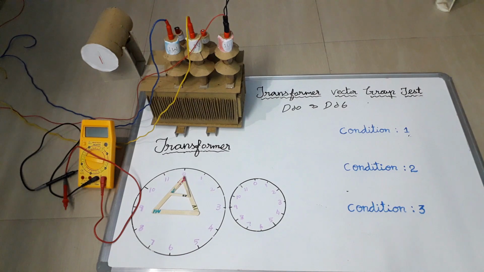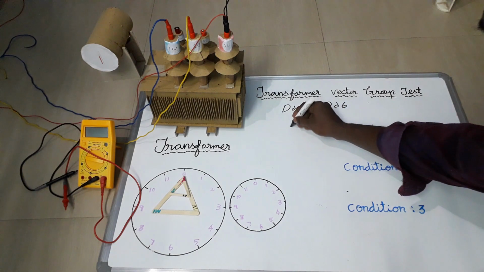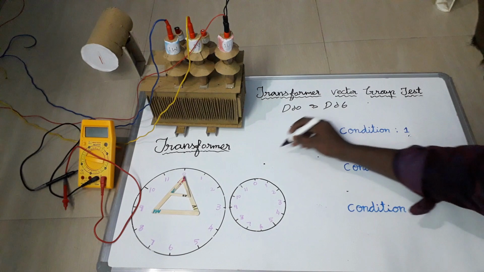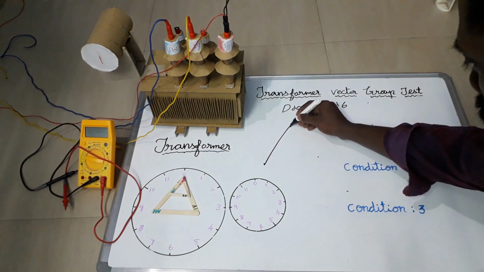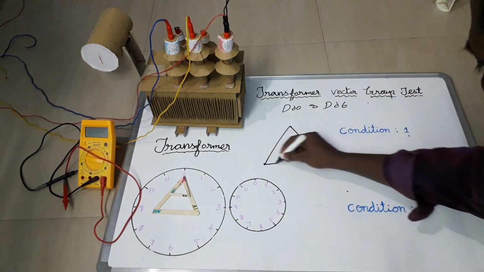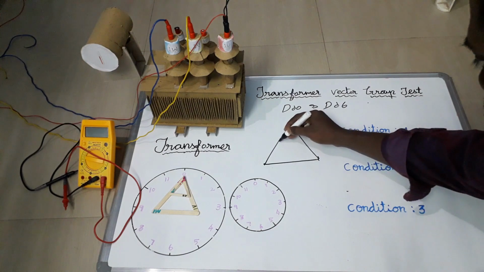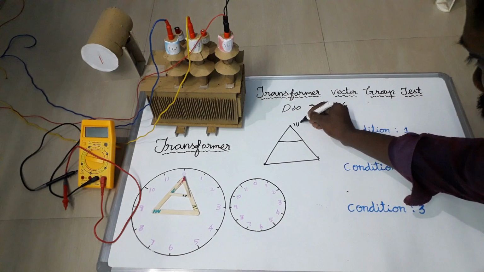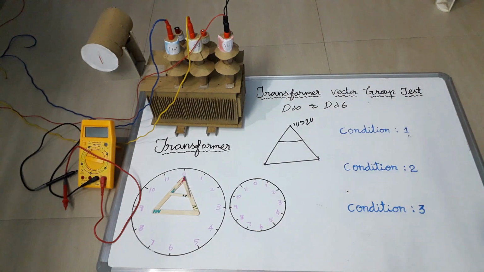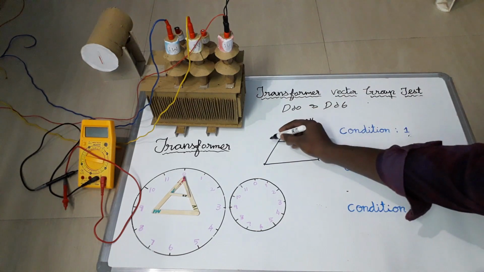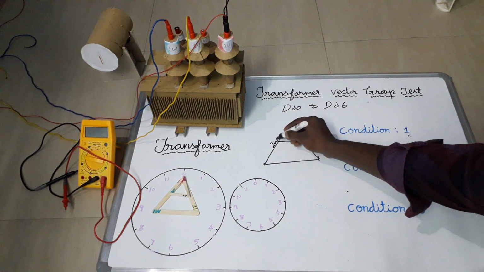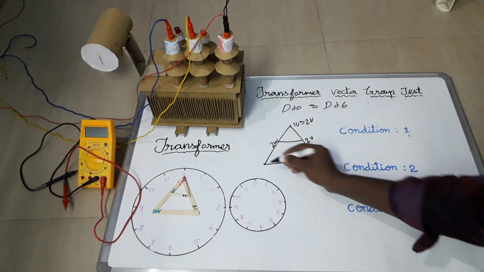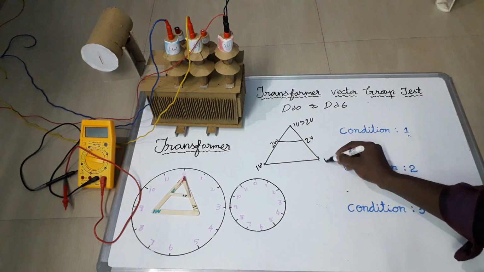Same thing I am going to draw over here. This 1U and 2U is shorted. 2W, 2V. Here 1W, 1V.